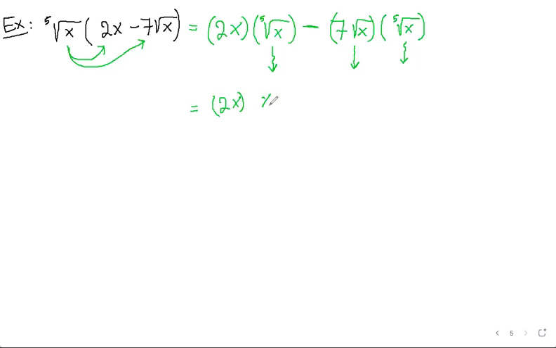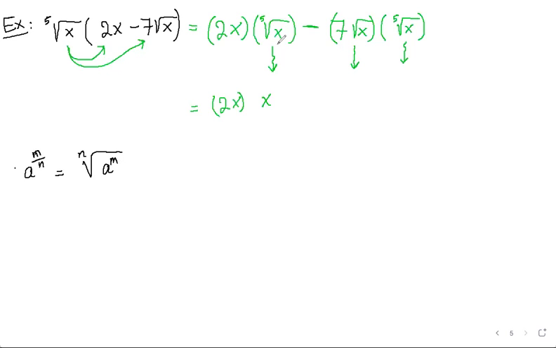This is times x. Here, let me remind you what I said last time. If I have a radical like this, the nth root of a to the m, it is exactly the same as any real number a raised to the power m over n.